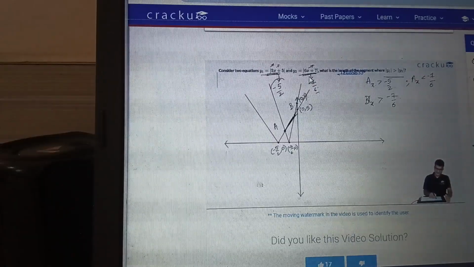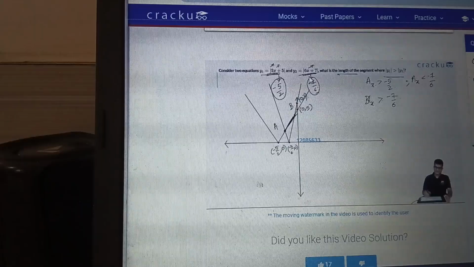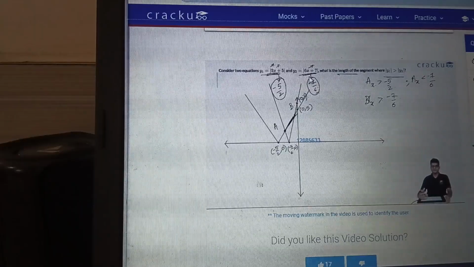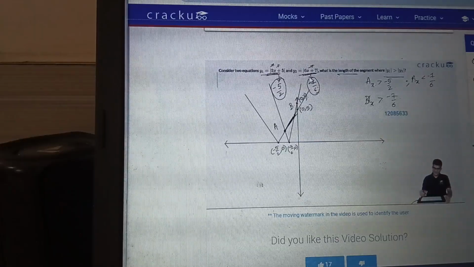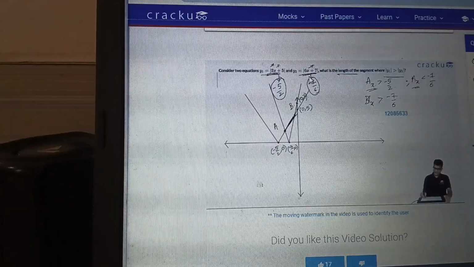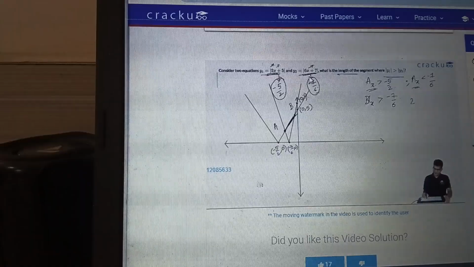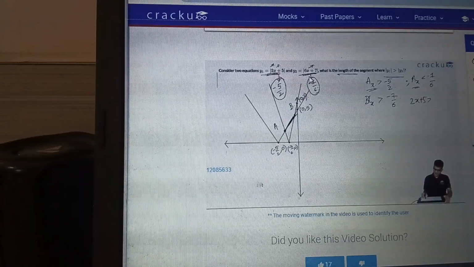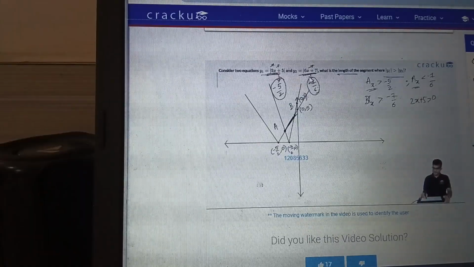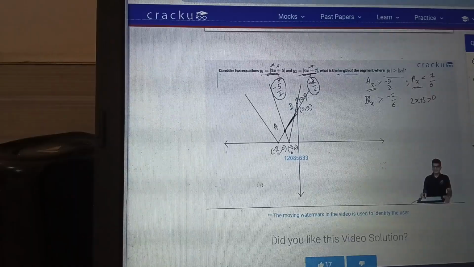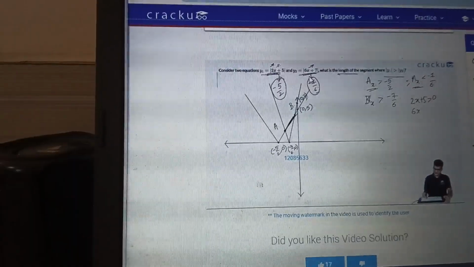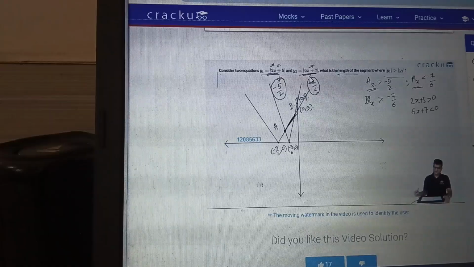Is it greater than the inflection points or not is something that we should take a call on before we proceed further. So if you are trying to calculate the value of A x, we know that this is greater than minus 5 by 2. So 2x plus 5 will be positive. And we also know that A x is less than minus 7 by 6. So 6x plus 7 is less than 0.